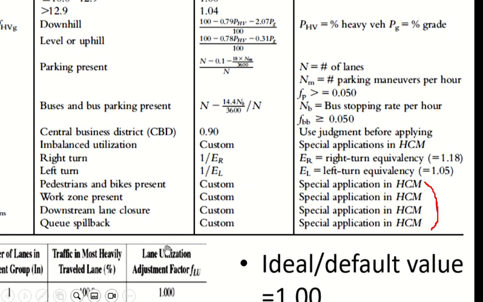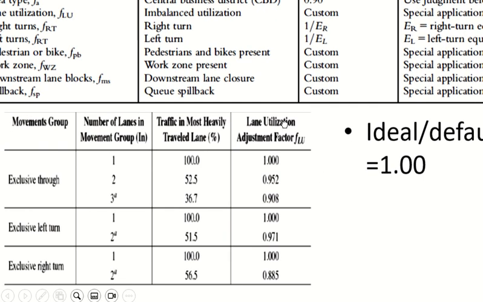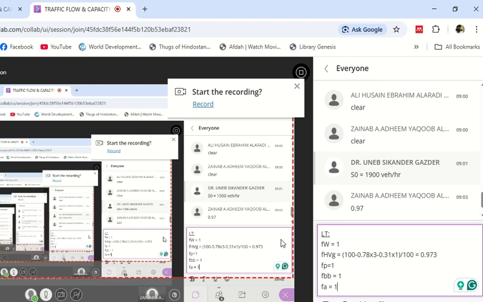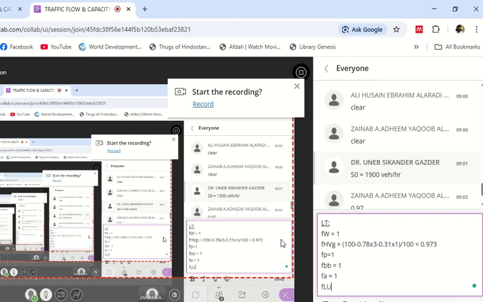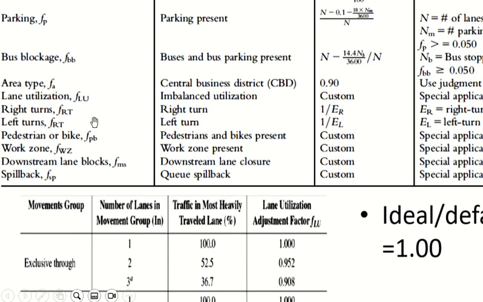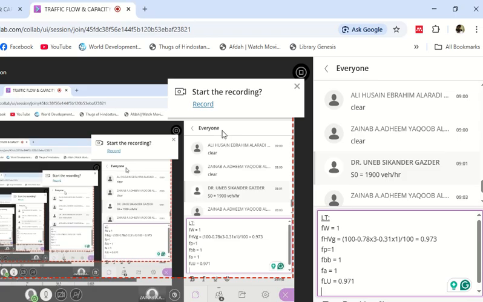Lane utilization, I have 2 left turning lanes. So 2 left turning, 2 lanes. Okay, my factor is 0.971. Okay, the next one is for right turning. Do I have a right turning lane? No, I have a left turning lane only.